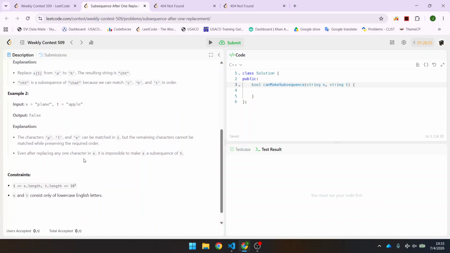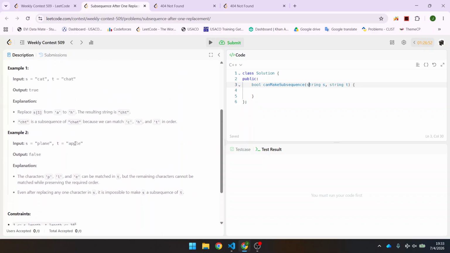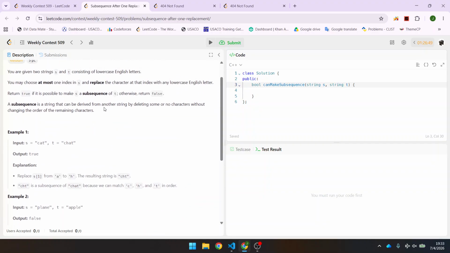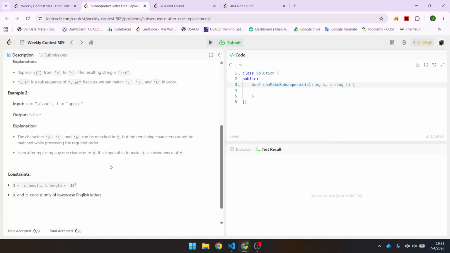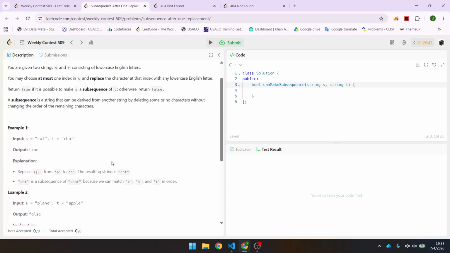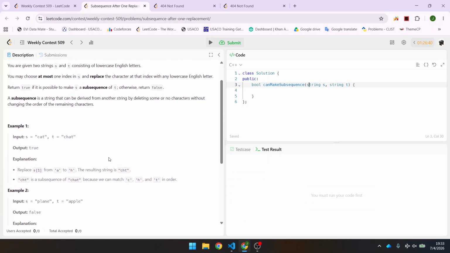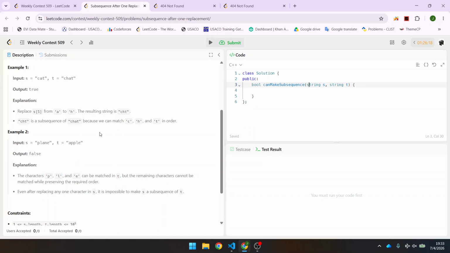pineapple is false. C A T. You can delete one character from S. C A T. So from A to H, C to C. E can be matched in T, but the remaining letters cannot be matched while preserving the required order.